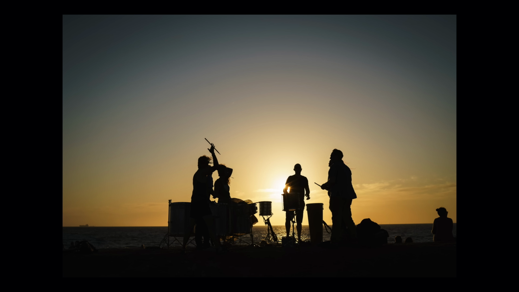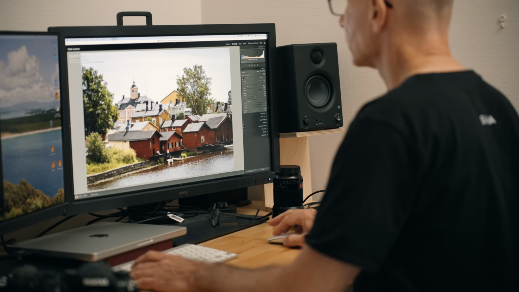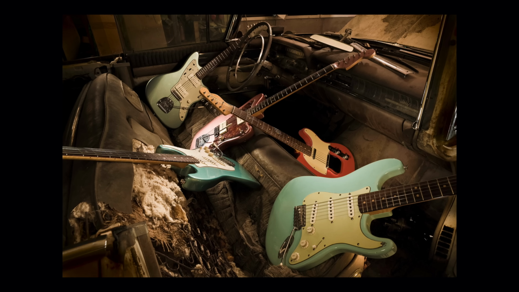But let's first talk about music. And no, I don't play any instrument, and it's best for everyone if I don't sing. But I still have my favorite music, and for example, when I'm editing my photos, I like to put on my favorite artist or my favorite songs. But anyway, most musicians or performing artists are very picky about their instruments.